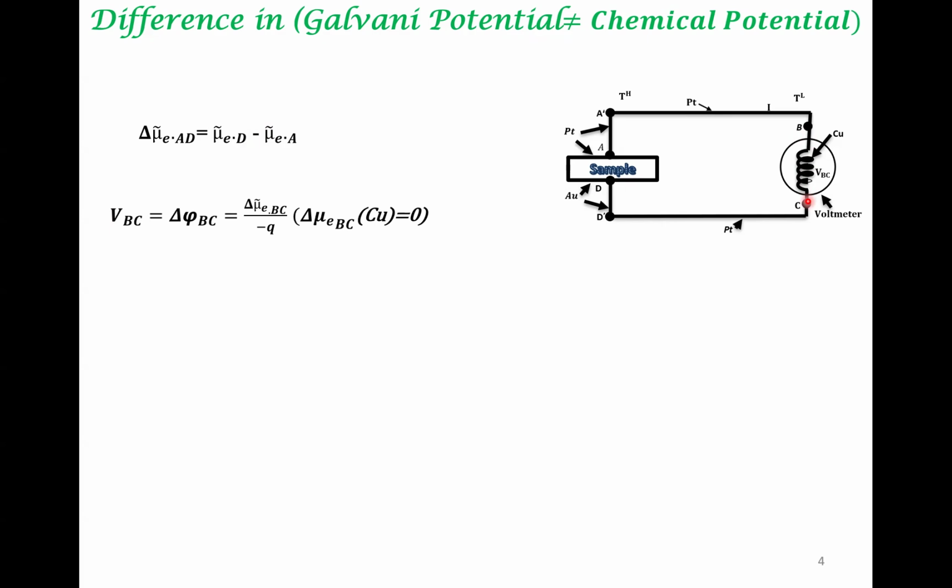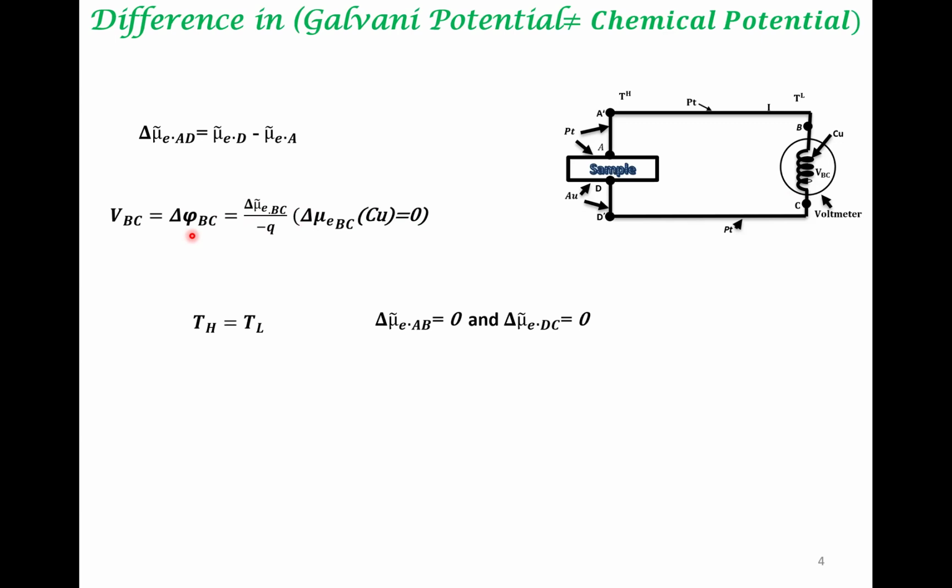That refers to just the difference in Galvani potential, because between these 2 points, there is the same material, which is copper. And because these are the same material, there is no difference in chemical composition. This term turns out to be 0. So when we talk about difference in electrochemical potential, the difference in electrochemical potential divided by charge will just turn out to be the difference in Galvani potential.